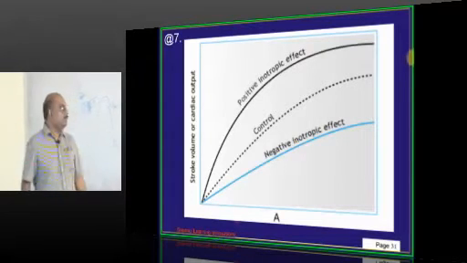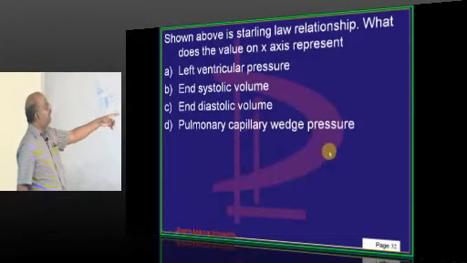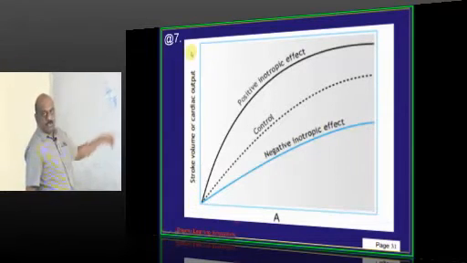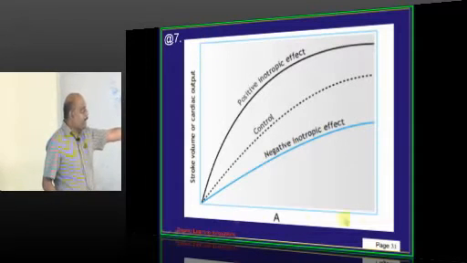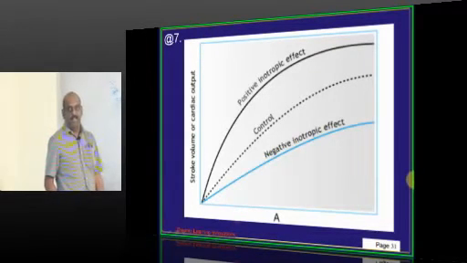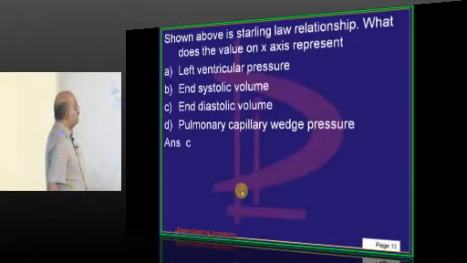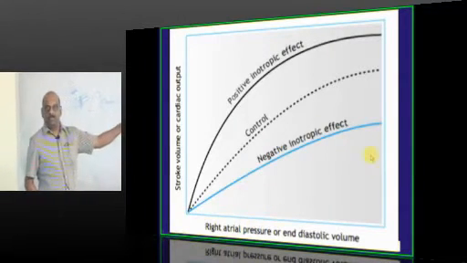Now, this is the positive inotropic and negative inotropic effect. On the y-axis, if you have stroke volume, what will you expect on the x-axis? It is also called Starling's principle. So basically, right atrial pressure and end diastolic volume.